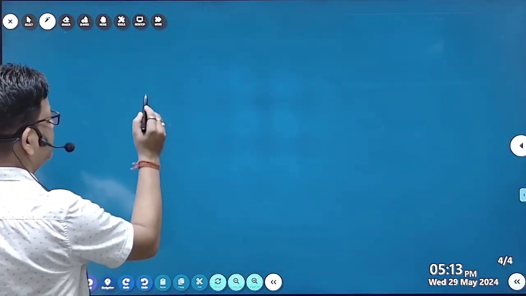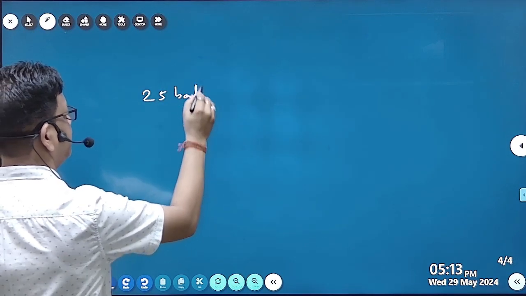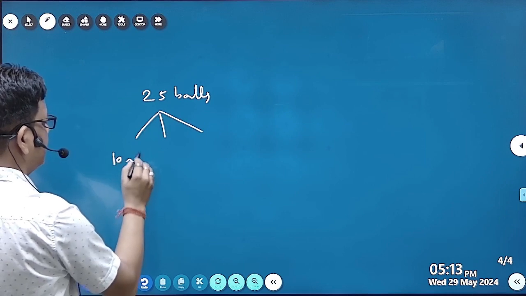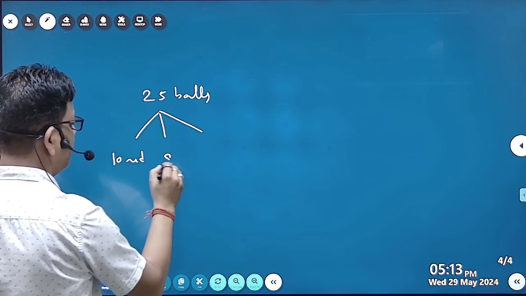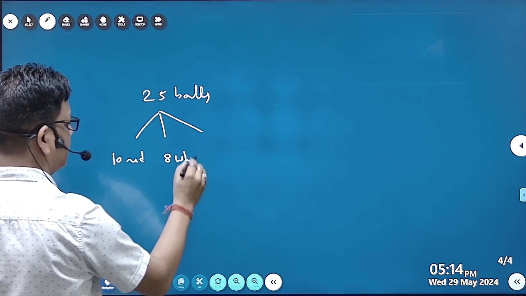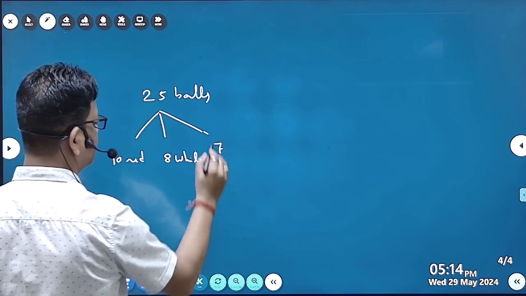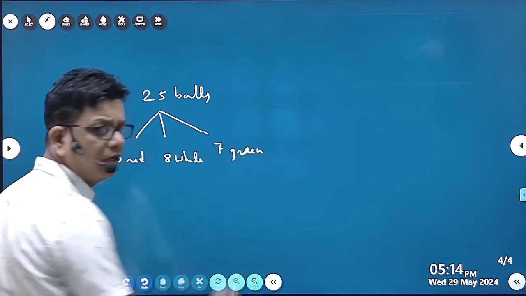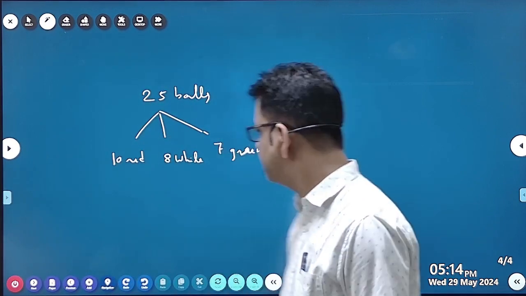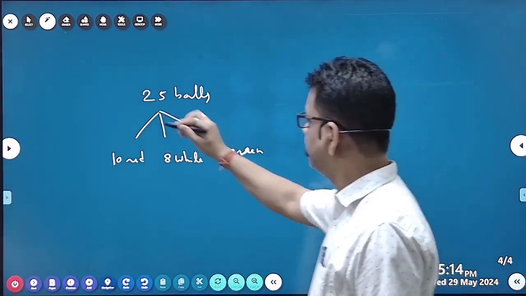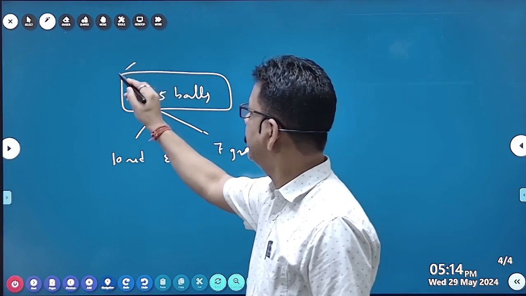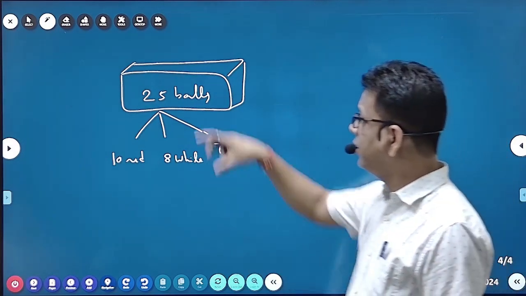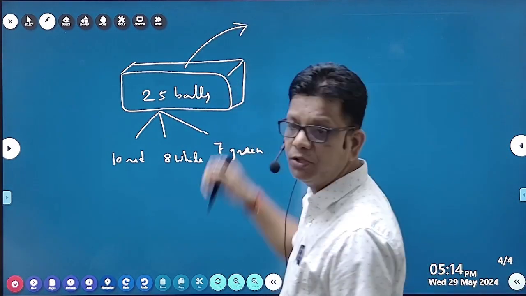Look at the board. Suppose there are 25 balls. It's a very easy concept. Out of these 25, suppose 10 are red, 8 are white, and 7 are green. Now suppose these 25 balls are kept together in a box, and you randomly take out any one.